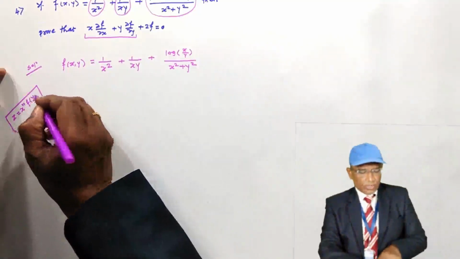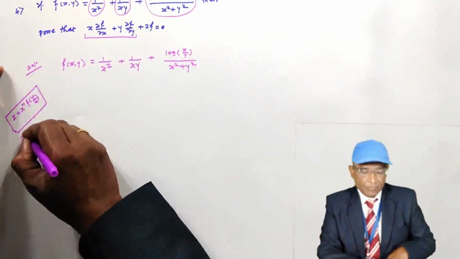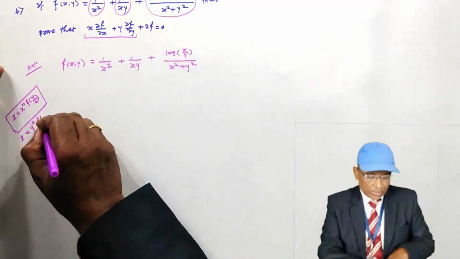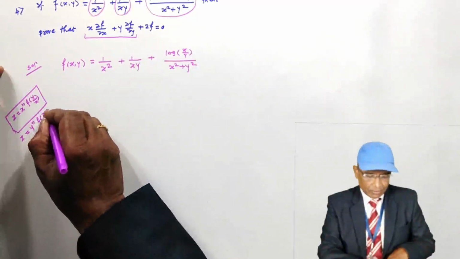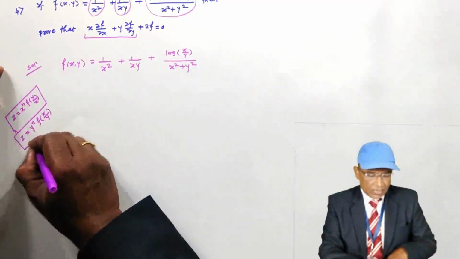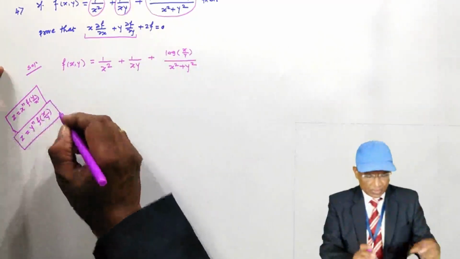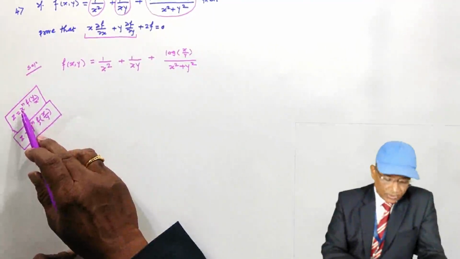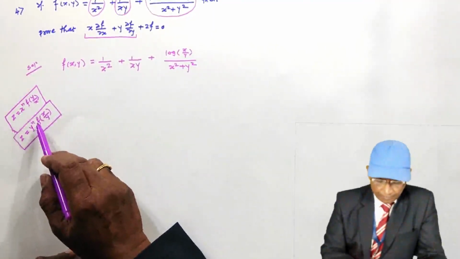This is a homogeneous function of x and y with degree n. This is also a homogeneous function of x and y with degree n. But here only x is replaced by y and y is replaced by x. As a homogeneous function, the meaning of these two is the same.